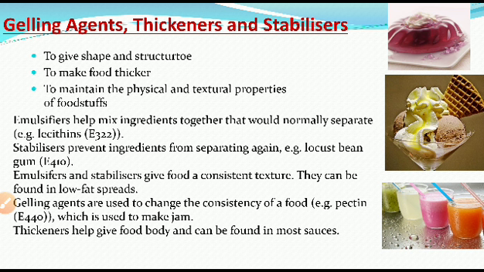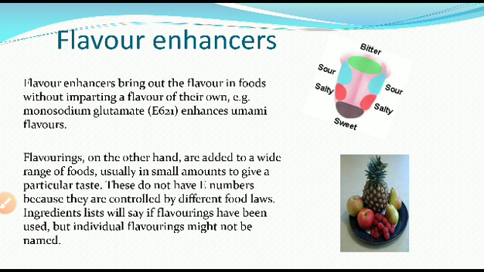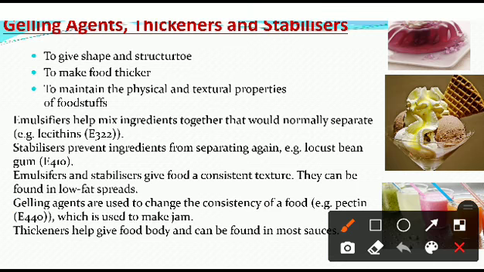An example is locust bean gum, which has the E number E410. Emulsifiers and stabilizers give the food a consistent texture. They can be found in low fat spreads, jelly and ice cream. They have a consistent texture due to what? Emulsifiers and stabilizers.